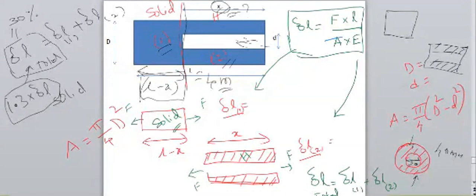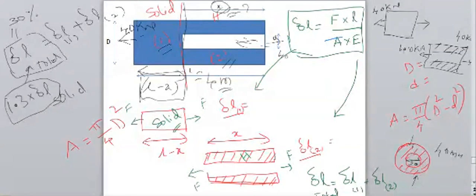The load is applied similarly for both portions, because the same load is given at the ends.